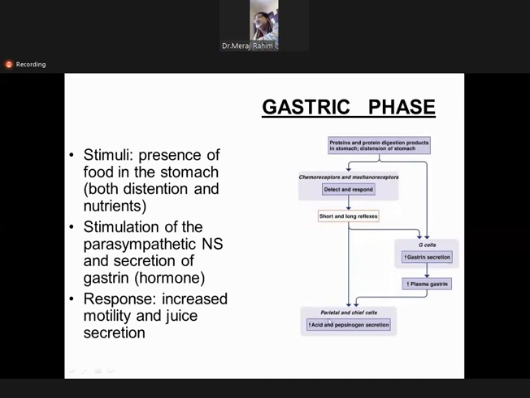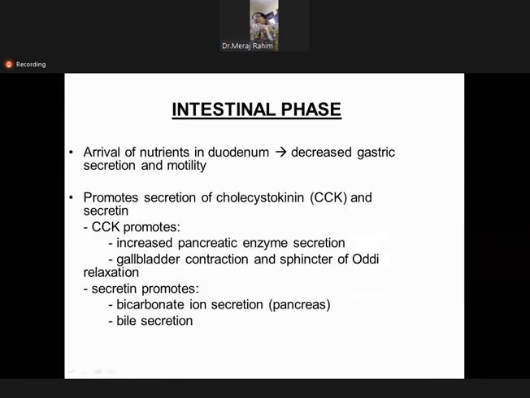So these are the parietal cells and chief cells, and by means of the long and short reflex, which I've just explained, they will cause the cells to secrete secretions. And similarly in the intestines also, as the food enters, the GI hormones act. As fat enters into the stomach, CCK gets stimulated, and it promotes more pancreatic secretions.